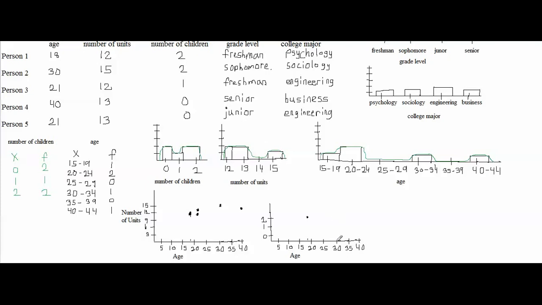So it'll be right here and right here. It'll be lined up with those 2 numbers. What about this person? This person is 21 years old and has 1 child. So here's 21, here's 1.